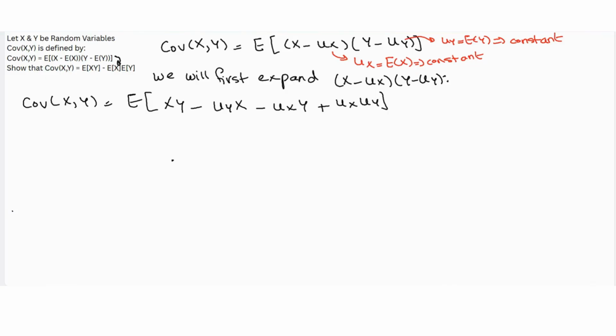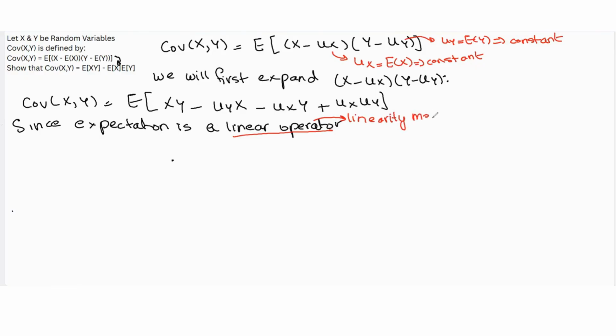So now we're going to use the fact that expectation is a linear operator. Here we need to recall what we mean by linearity. Let's just quickly recall that first. When we say that expectation is a linear operator, what do we mean? Linearity means that the expectation operator can go inside summations, which means that the expected value of a sum is the sum of expected values, right?